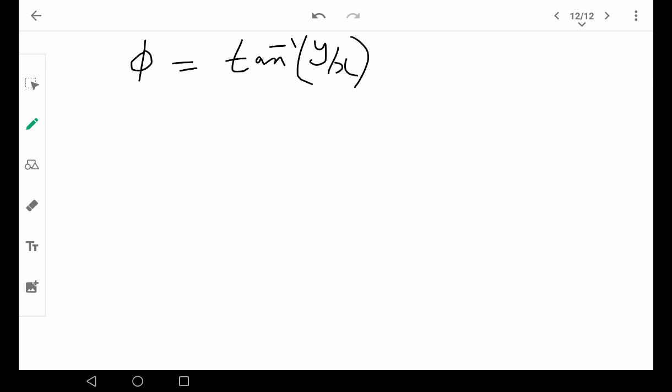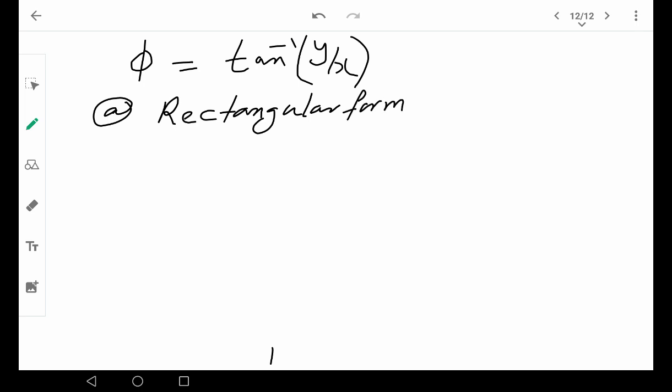So there are three forms. I will recapitulate once more. You have the complex number in three forms. The first form, A, is the rectangular form, given by z equal to x plus jy.